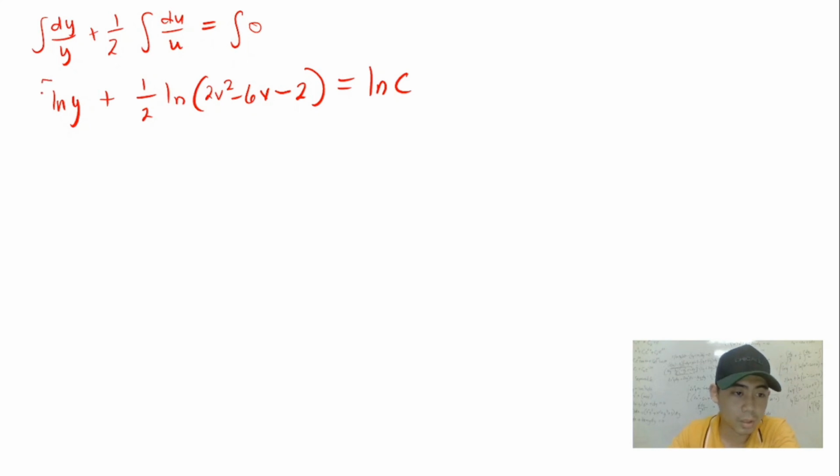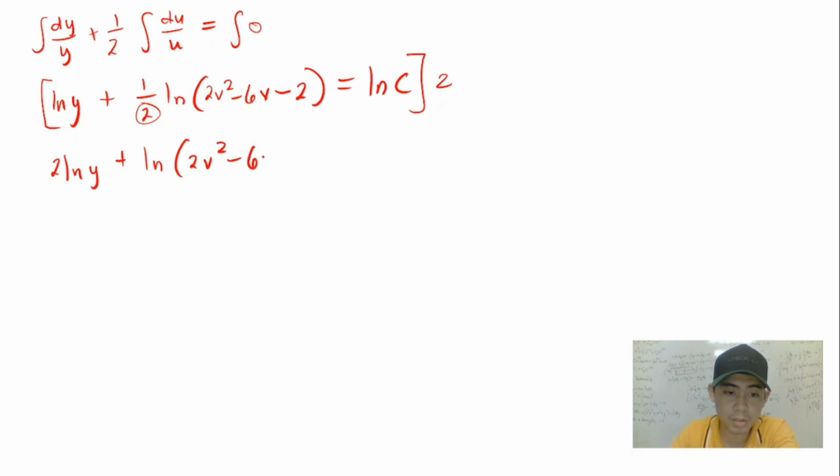Okay? So, in order to eliminate the denominator, you need to multiply the whole equation sa 2. Okay? Para makancel tong 2 sa baba. Okay? So, 2 ln of y plus ln of 2v squared minus 6v minus 2 is equals to ln of c mga lodi.